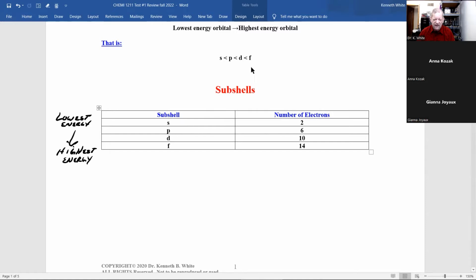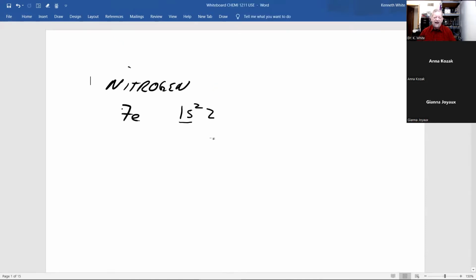So if I go back here, the lowest energy subshell in shell 2 is 2s. I can put a maximum of 2 electrons, and I did. Well, 2 plus 2 is 4. 7 minus 4 equals 3 more electrons to go.